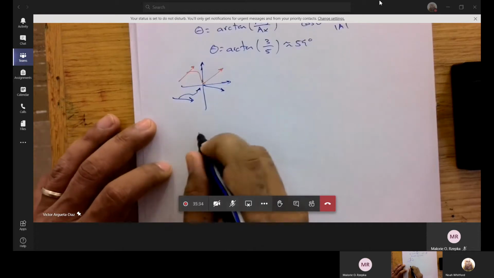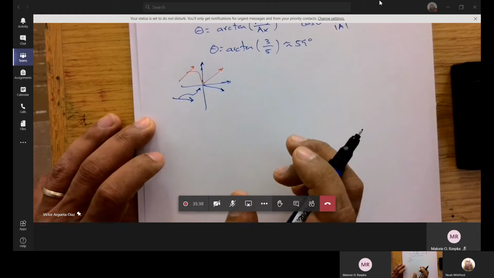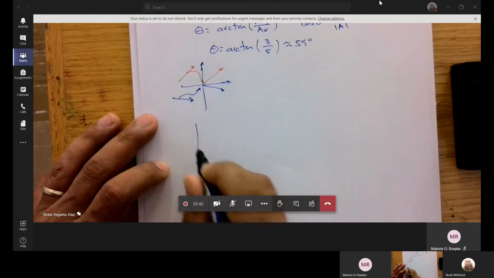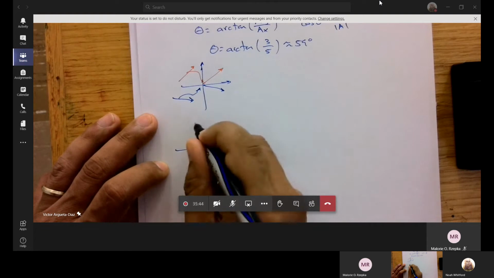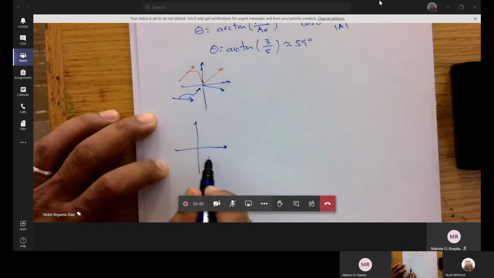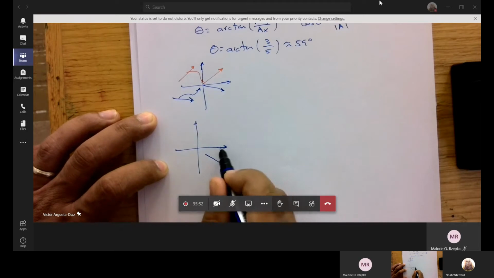So really quick, what I want you to do is to calculate the magnitude and direction of the following vectors. So I'm gonna have this over here, and I'm gonna have this vector.